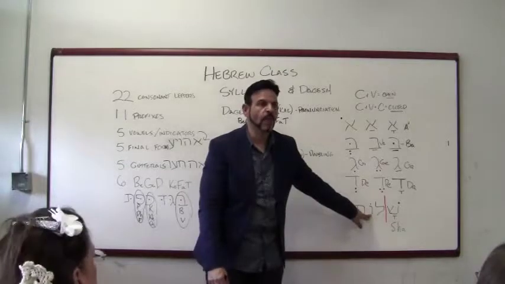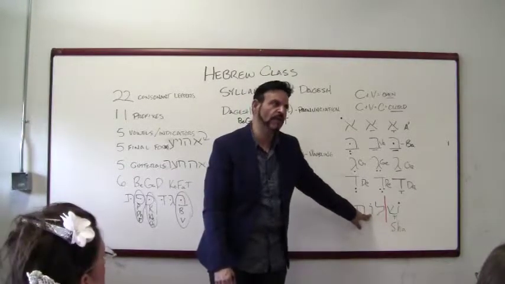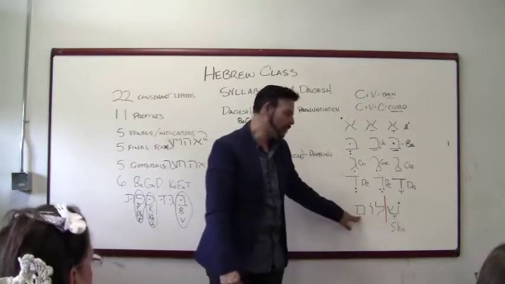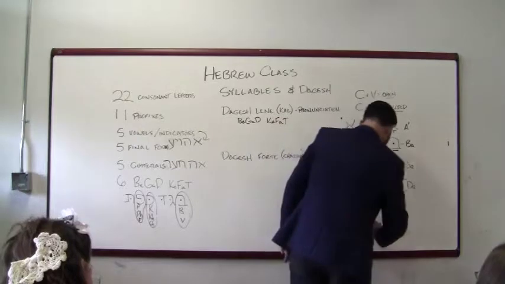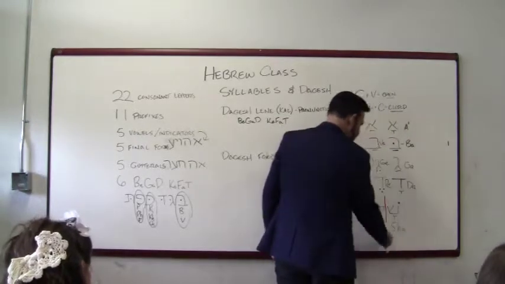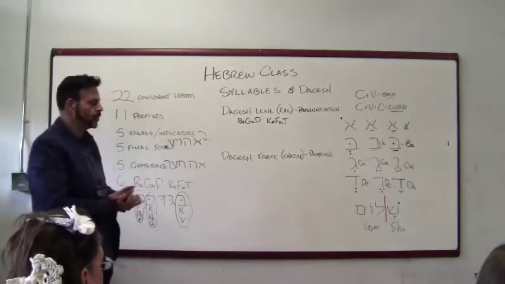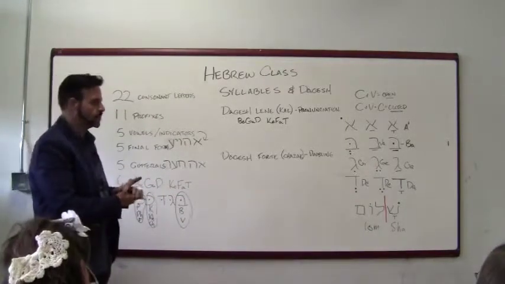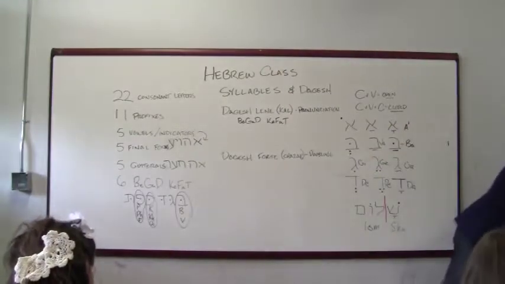What sound is that? O, right? If the dot was on the side, it would be what? Oo. And then a mem sofit. So we have L-O-M. Sha. Lom. Read from right to left. Shalom. So you have an open syllable, and then you have a closed syllable. Now take a look at some handouts that you have there.